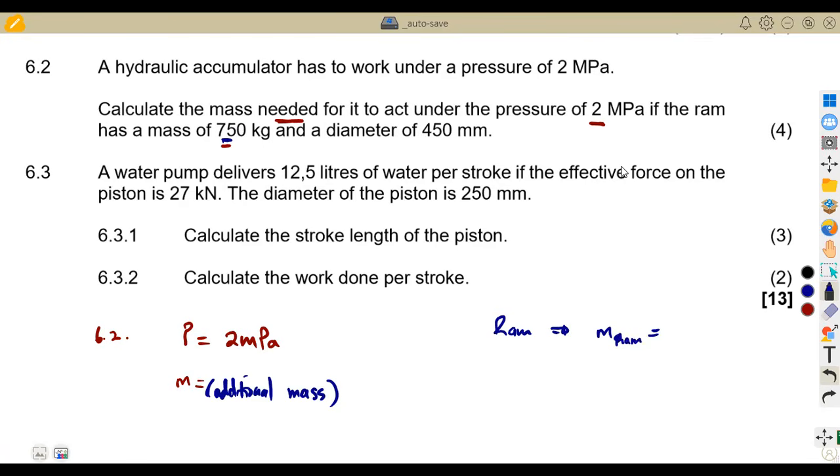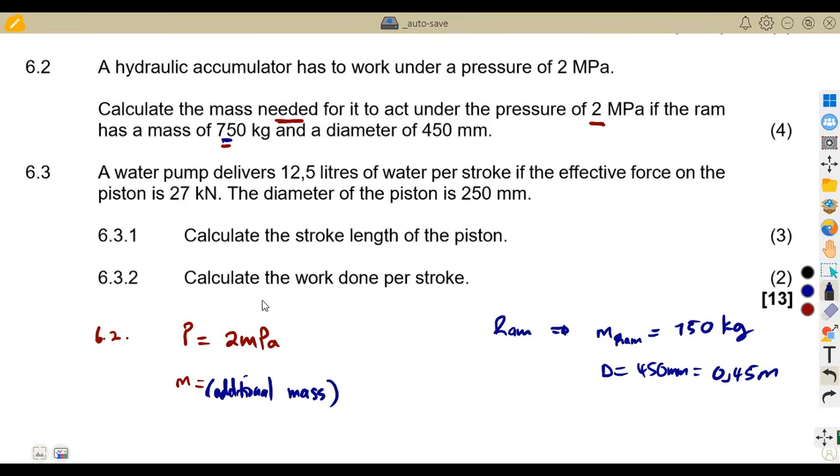This is the mass of the ram, which is 750 kilograms, and the diameter of the ram is 450 millimeters. To convert to meters, we divide by 1,000, so that will be 0.45. So you're going to have 0.45 in meters as the diameter.